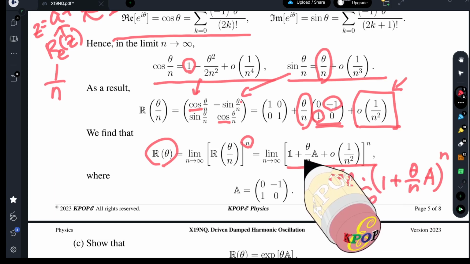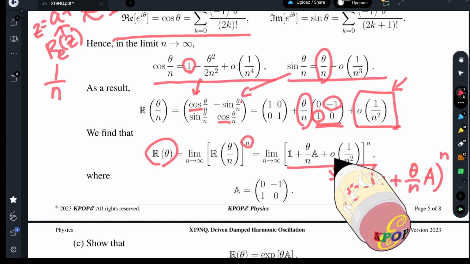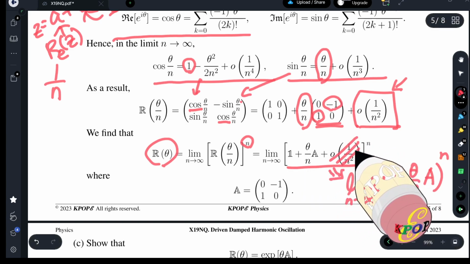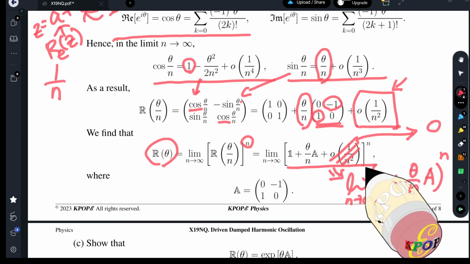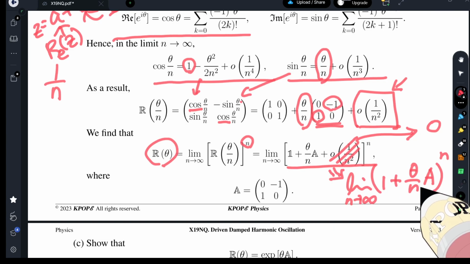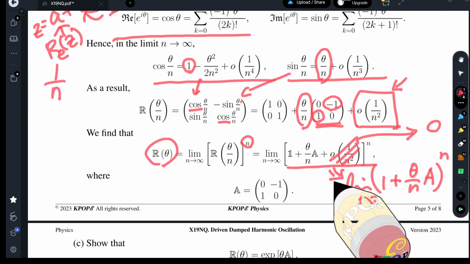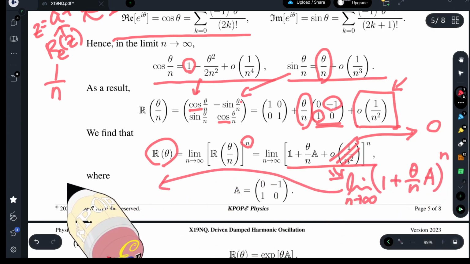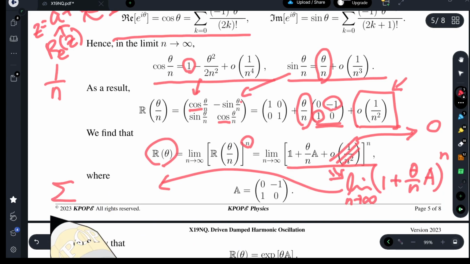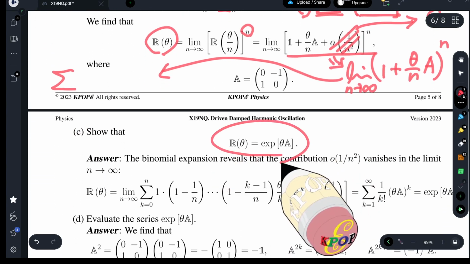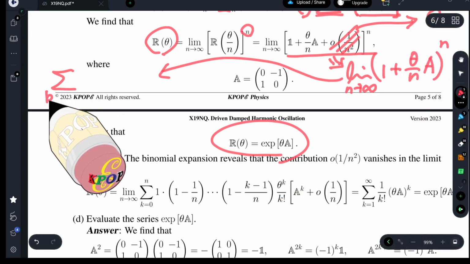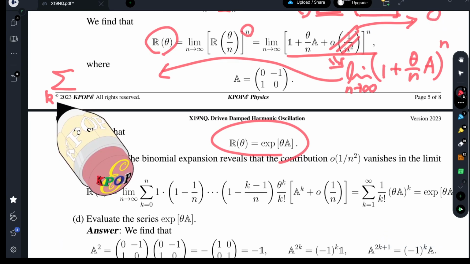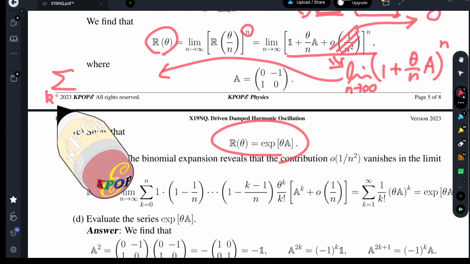We learned, by making use of the binomial expansion, that this part completely collapses to zero as n goes to infinity. So in that case, this can always be expressed in exponential form. And we do not know how to express the exponential of a matrix.